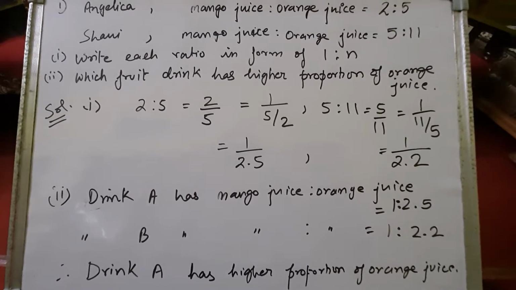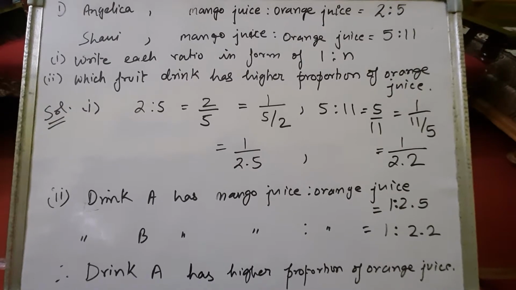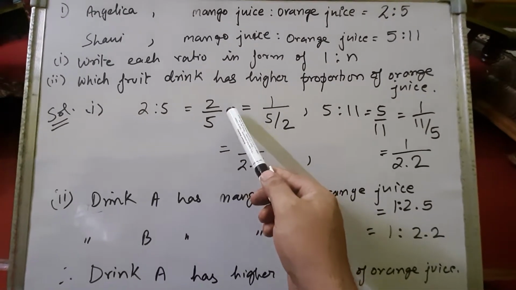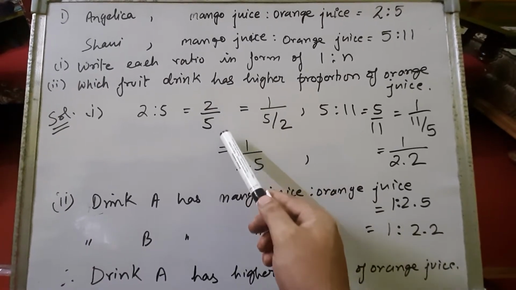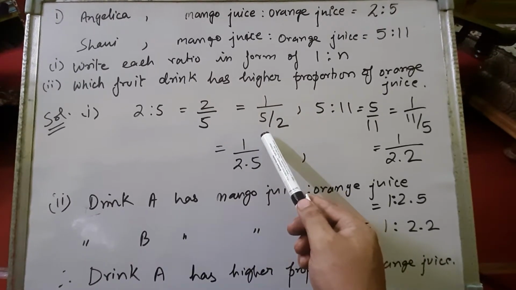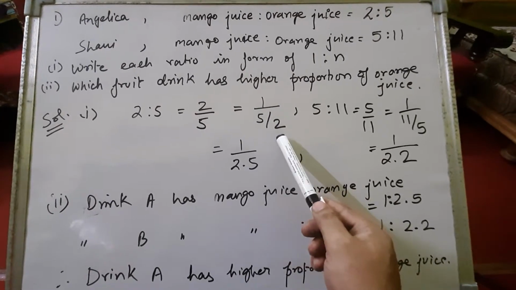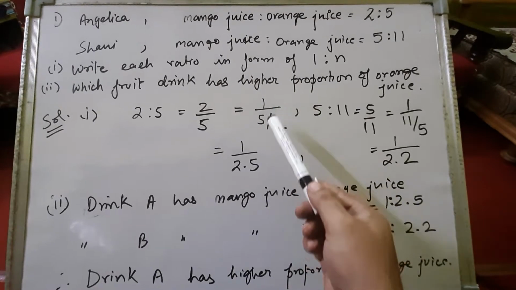If we see Angelica's ratio, that is 2:5. 2:5 means 2 upon 5, like this. And if we transfer this 2 to the denominator, what will it become? It will become 5 by 2. Okay. When we have studied, when a fraction is in the denominator, it gets reciprocated.